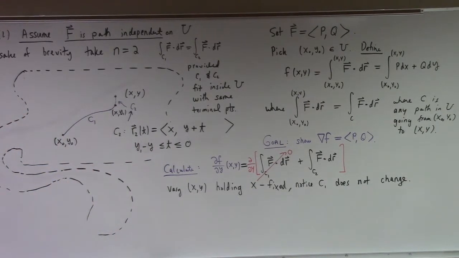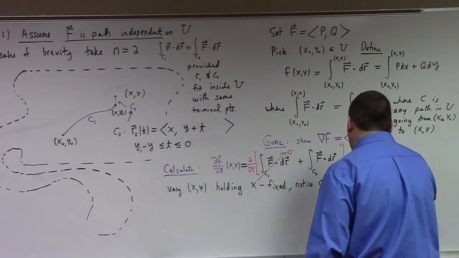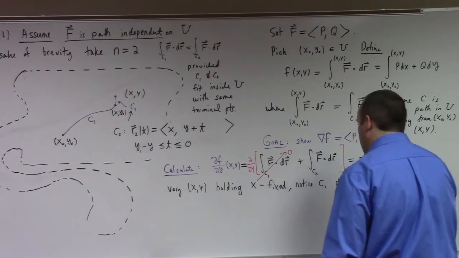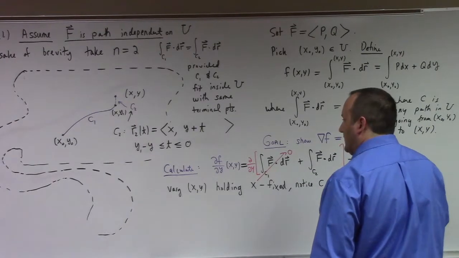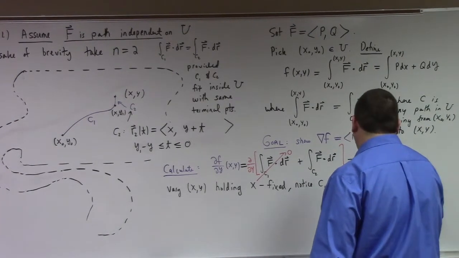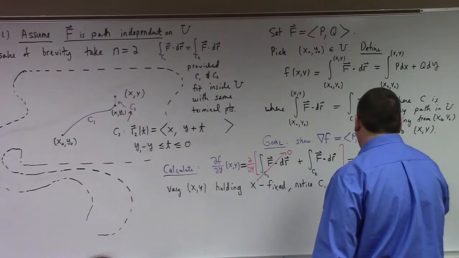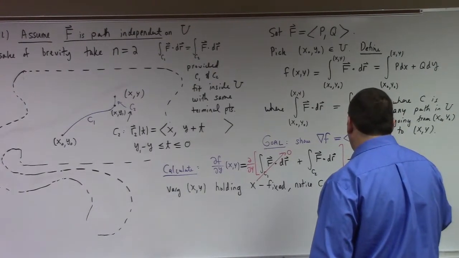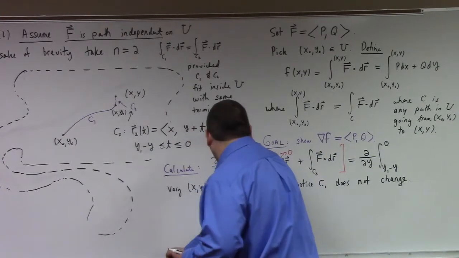I'm sorry, I'm taking forever to argue this here. But the point is, we'd have partial y of the integral, and what are my bounds? Apparently y1 minus y to 0, of... I'm sorry, I'm working myself into a corner here. This is dumb.